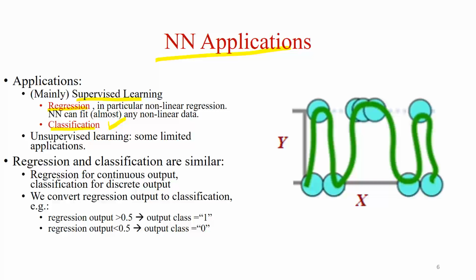So for example, in this case, you have some kind of nonlinear pattern here. You don't have this nice linear behavior where I can model these points linearly. This is completely nonlinear here. So the neural network can be used in regression to model nonlinear behavior.